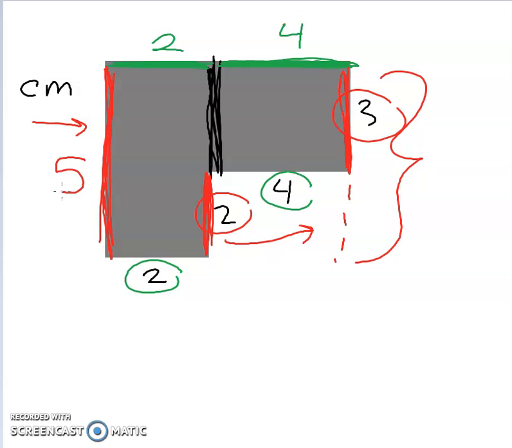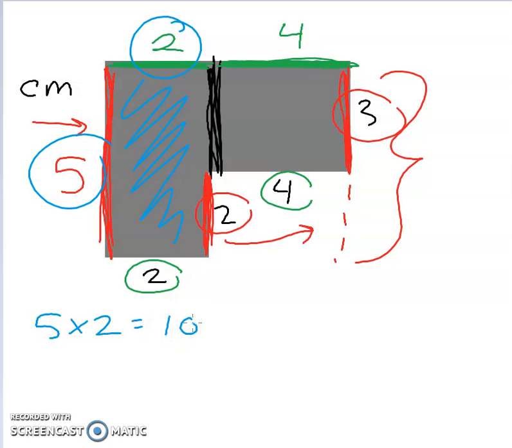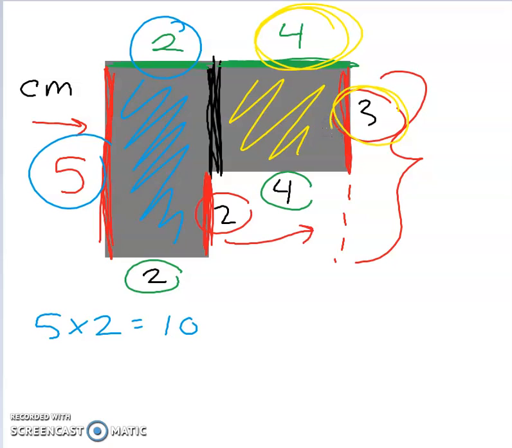So that length is 3 plus 2, which is 5. Now that I have labeled all my different sections, I'm going to calculate the area of each of them and then add them together. First, the area of this one is 5 times 2, which is 10. Then the area of this second one is 4 times 3, which is 12.